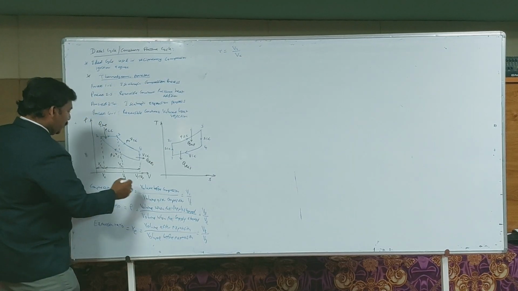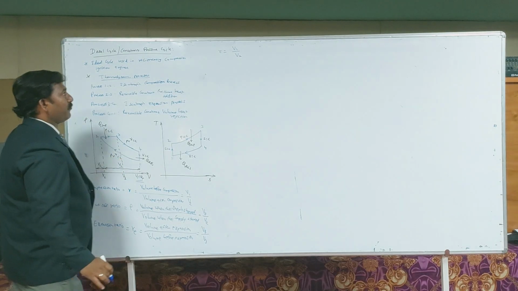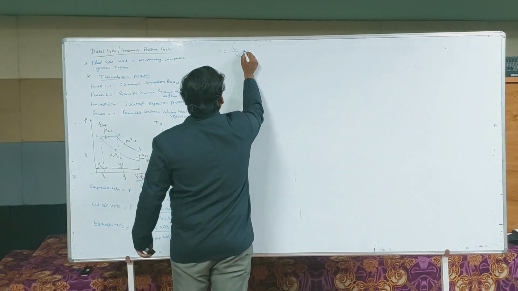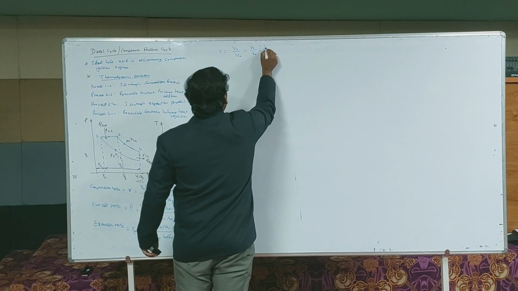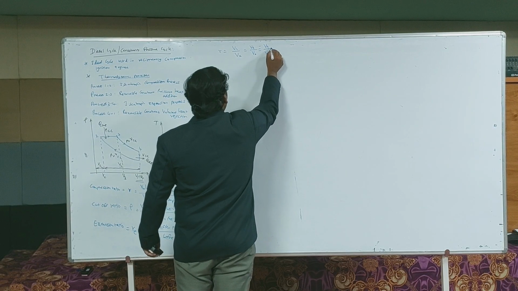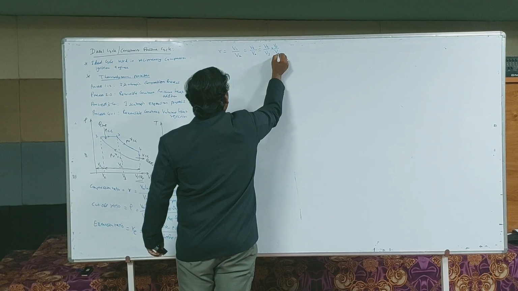But we can see here V1 is also equal to V4. So I can write this as V4 by V2, that is equal to V4 by V3 into V3 by V2.